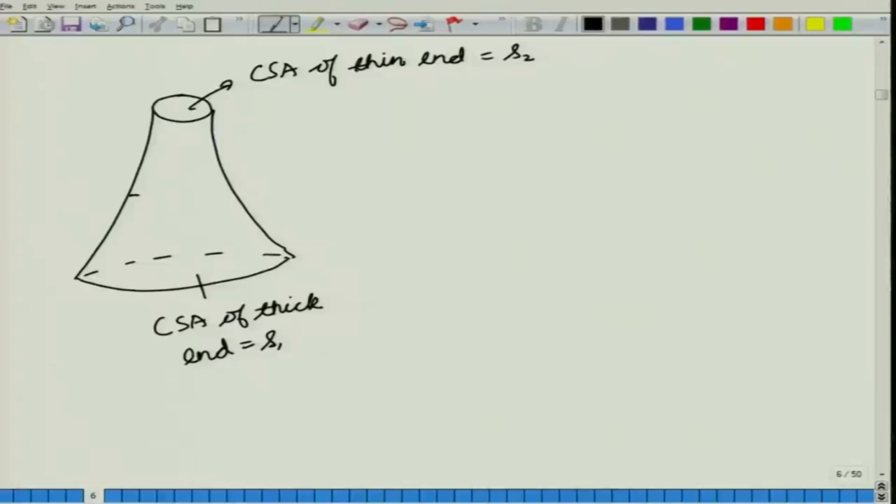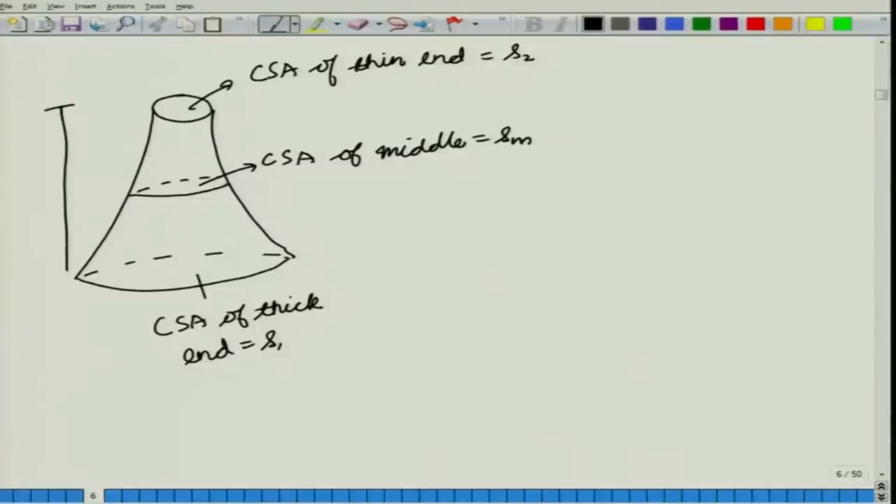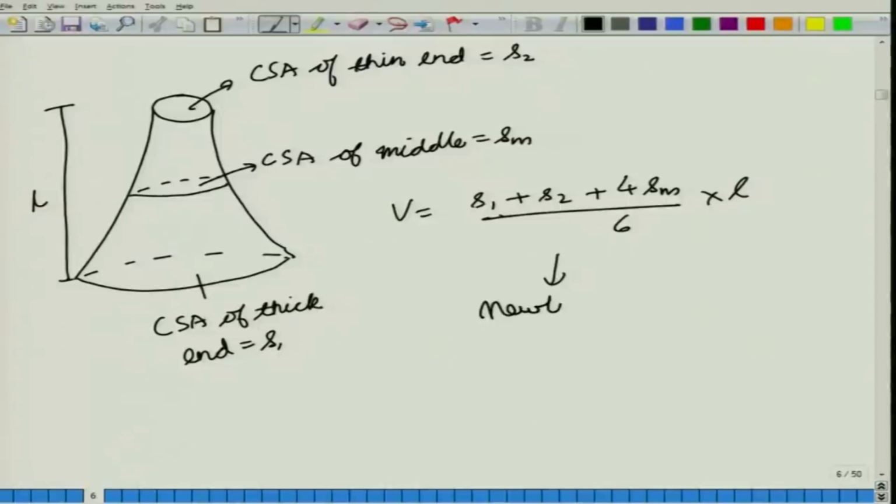Then we take a middle point and we take the cross sectional area of the middle as Sm. The length of the solid is L. So, volume is given by S1 plus S2 plus 4 times Sm divided by 6 into L, and this is known as Newton's formula. This is the volume of the frustum.